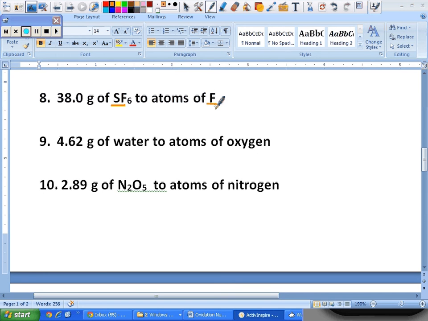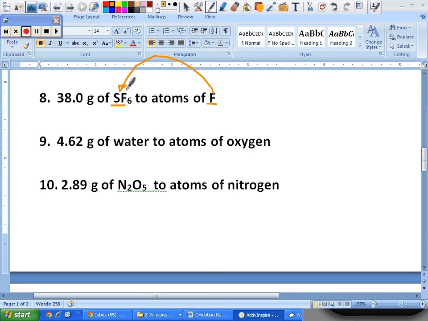So what they're asking us is if I have 38 grams of sulfur hexafluoride, in that 38 grams, if I could count them, how many fluorines will be present? Now, that's in one of those, but there's 38 grams worth. So it's not just 6. Does that make sense? Because we need to figure out how many SF6 it takes to make up 38 grams.